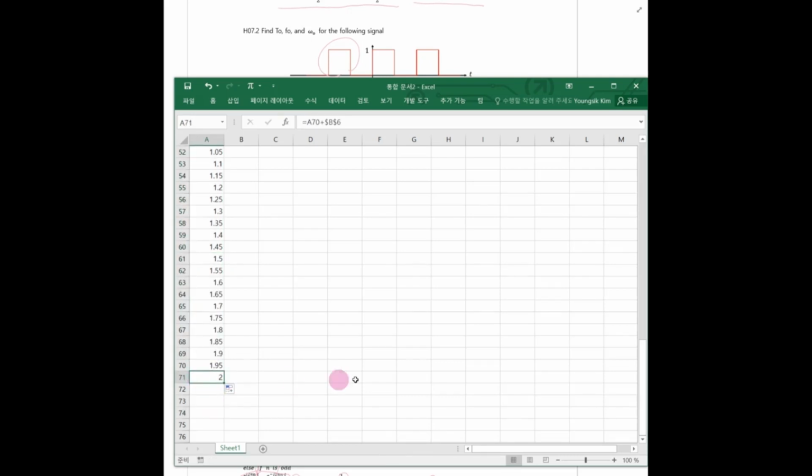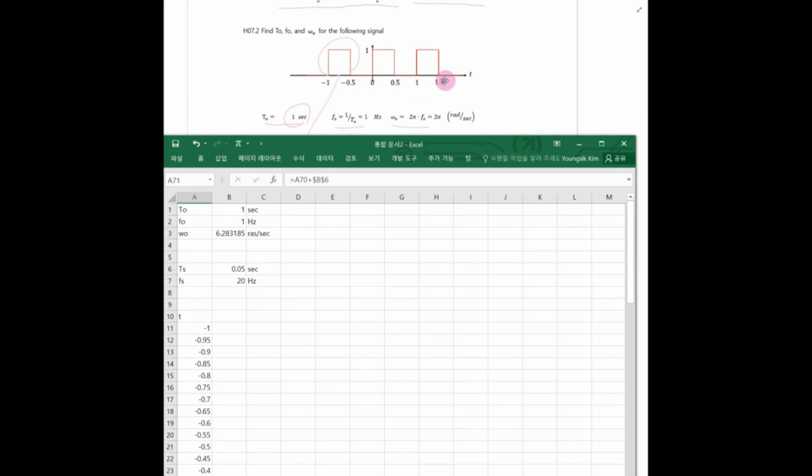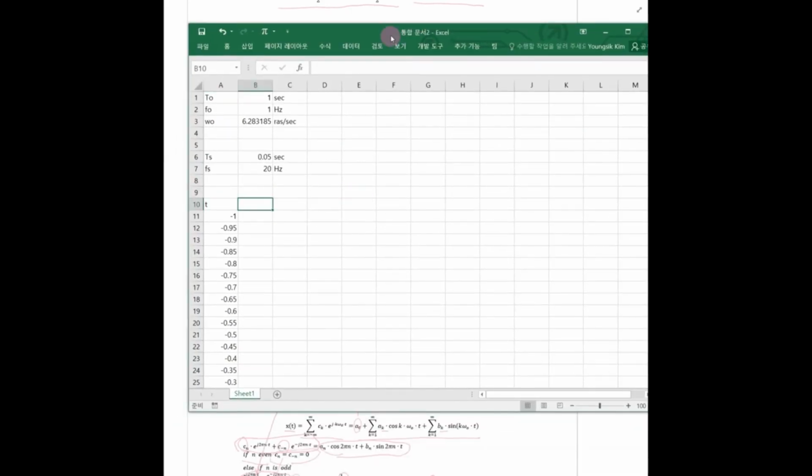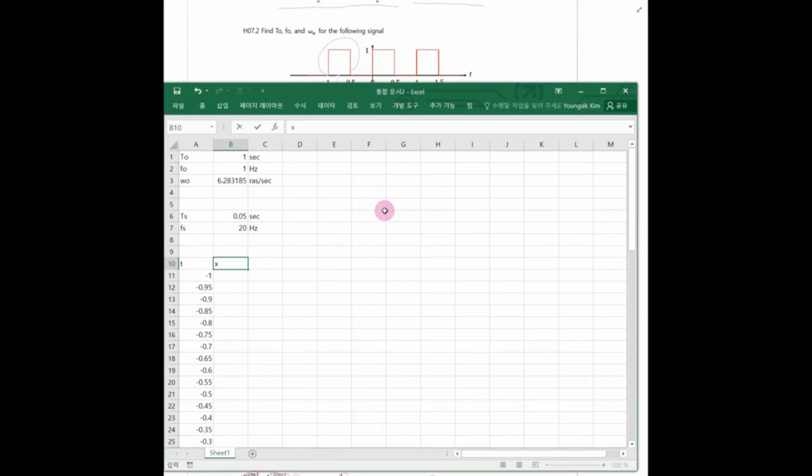That is 71 indices. I would like to plot from minus 1 to 2 seconds. And x(t), in this period, is 1, so 1, 1, 1.